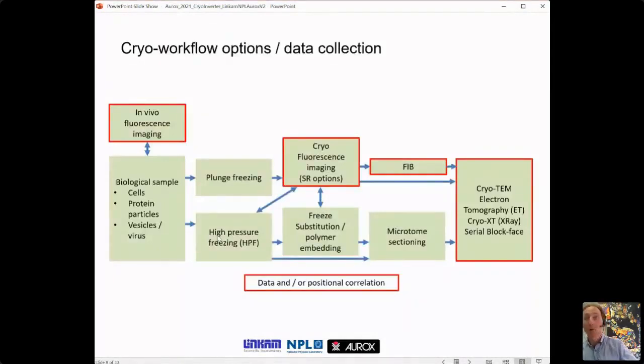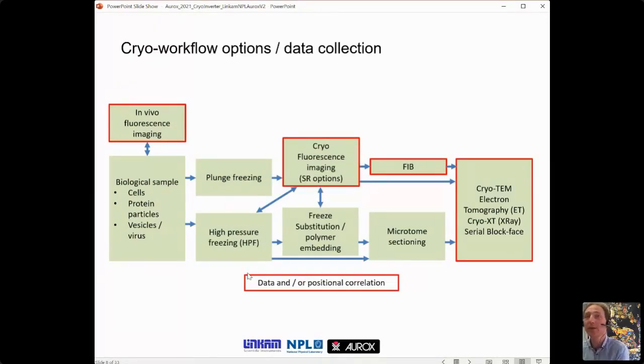There are many workflow options. Usually you would start with in vivo fluorescence imaging. You would then, to produce a cryo sample, use either plunge freezing or high pressure freezing. The choice of those techniques will also depend on the thickness of your sample. High pressure freezing can extend to larger cells.